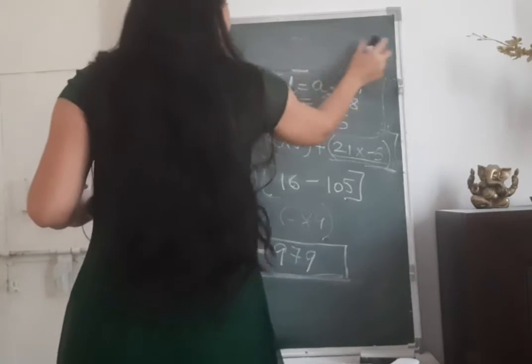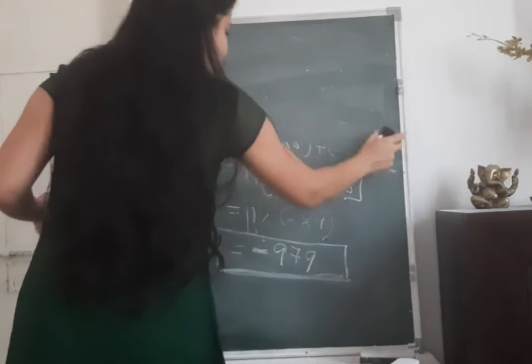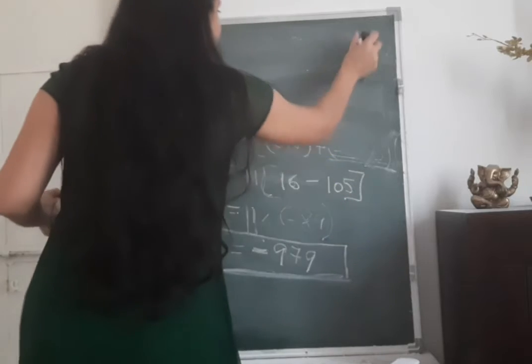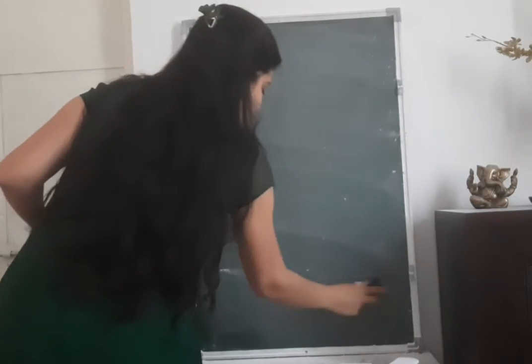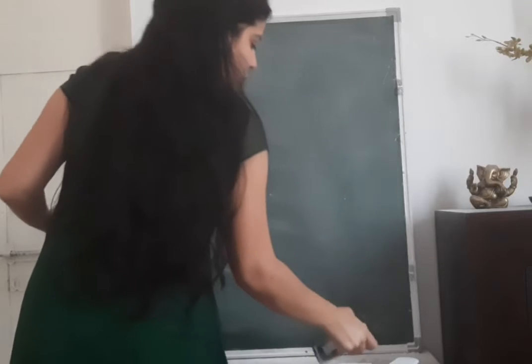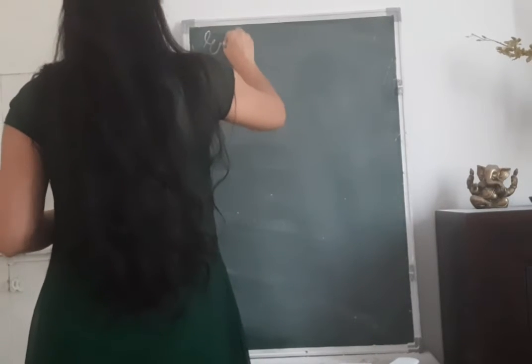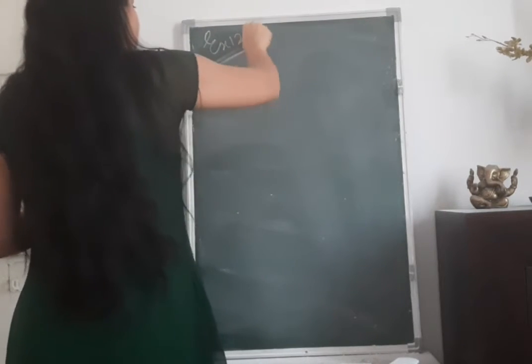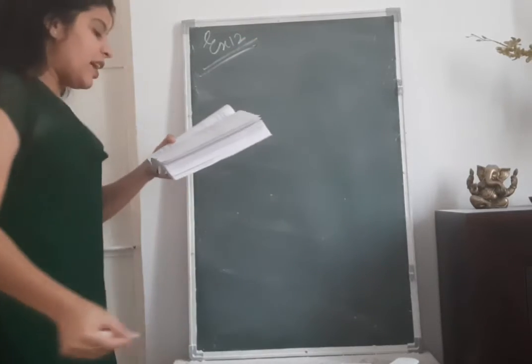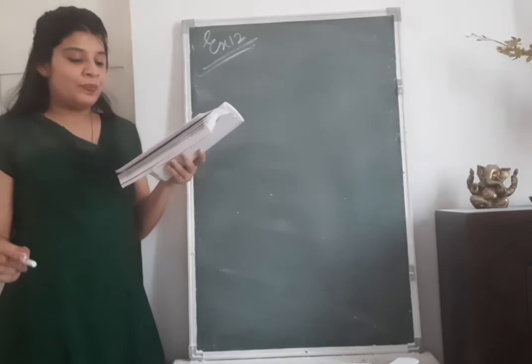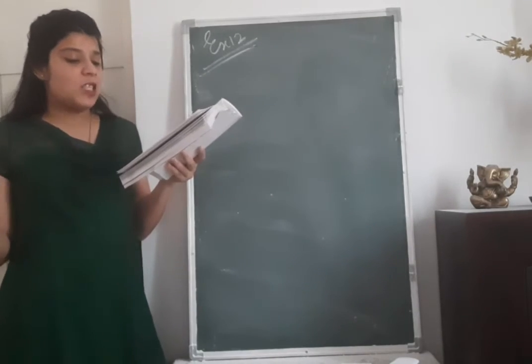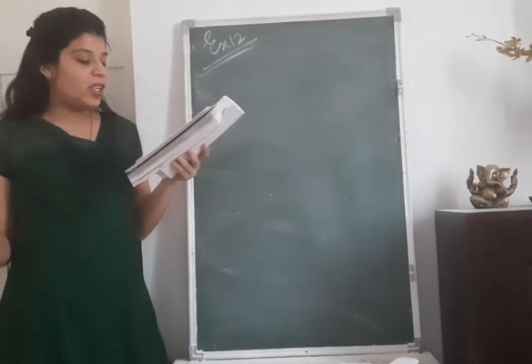Let's move on to next example, that is example 12. The sum of first 14 terms of an AP is 1050 and its first term is 10. Find the 20th term.